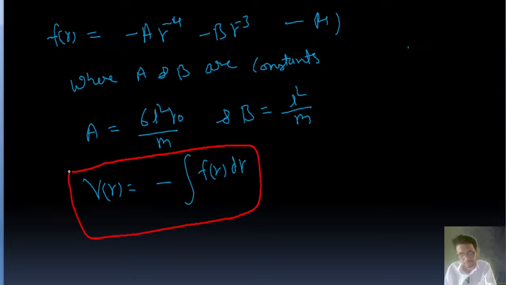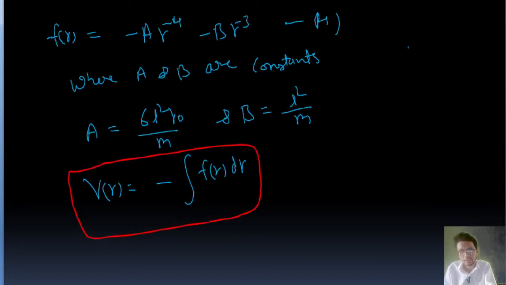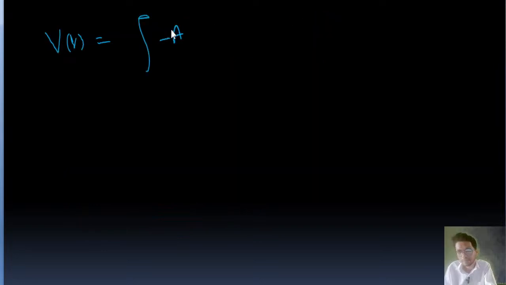So now the value of V(r) is going to be the integration of F(r) dr. So the F(r) value we have got is minus a r to the power minus 4 plus b r to the power minus 3.